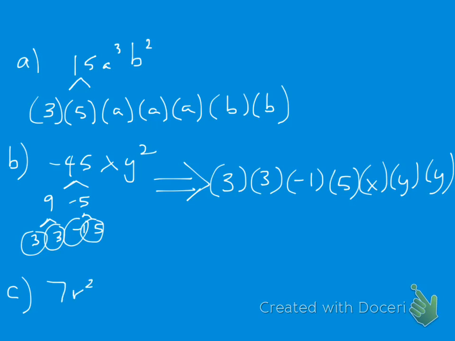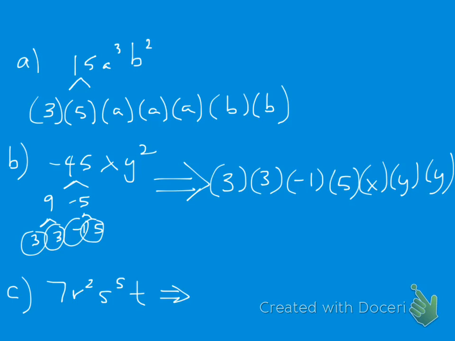What happens with the 5? It's 5. Because ultimately, we're setting ourselves up to multiply this, right? Now, here's one thing I will tell you.